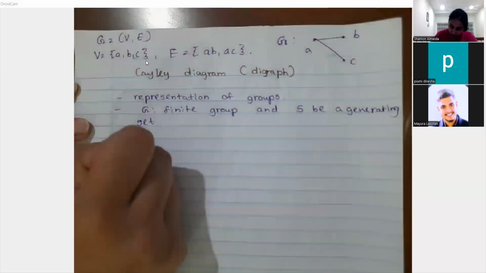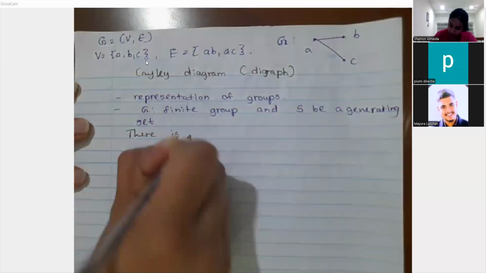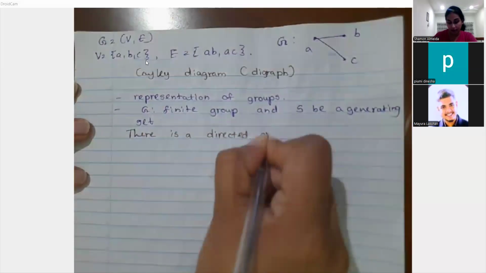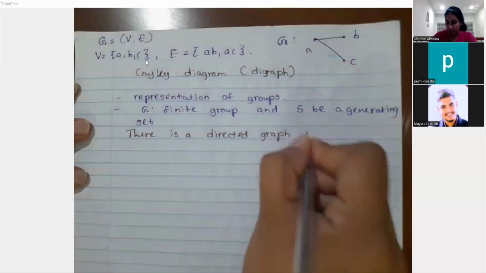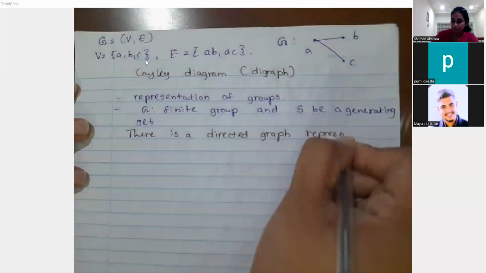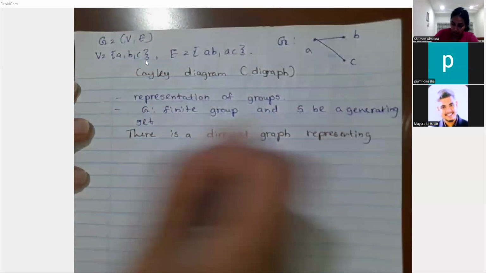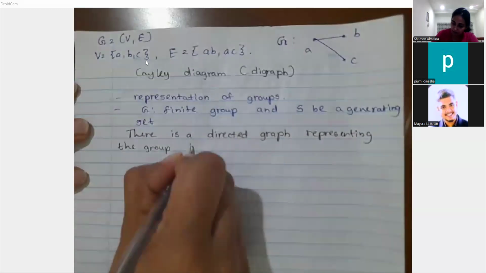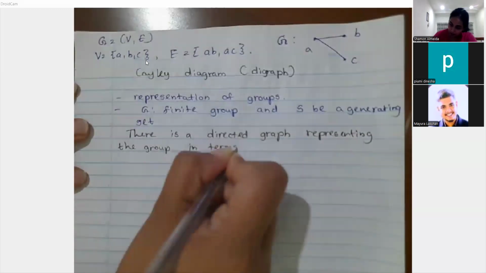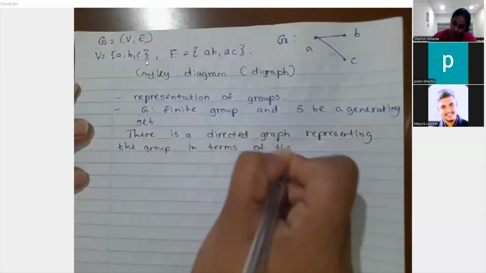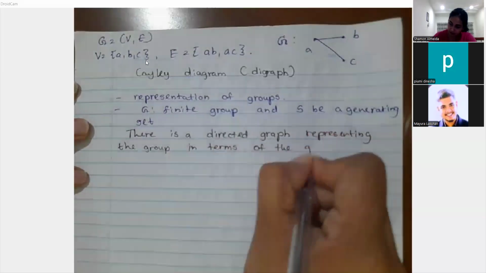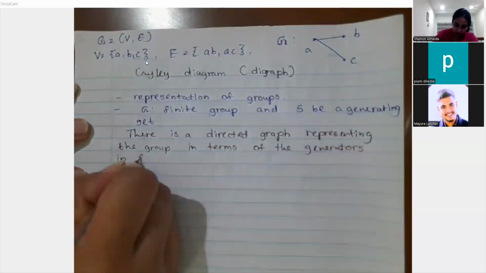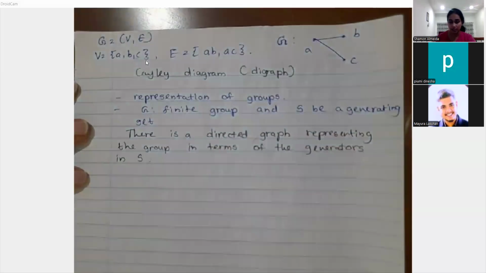There is a directed graph representing the group in terms of the generators, or the elements in S, right? In S.